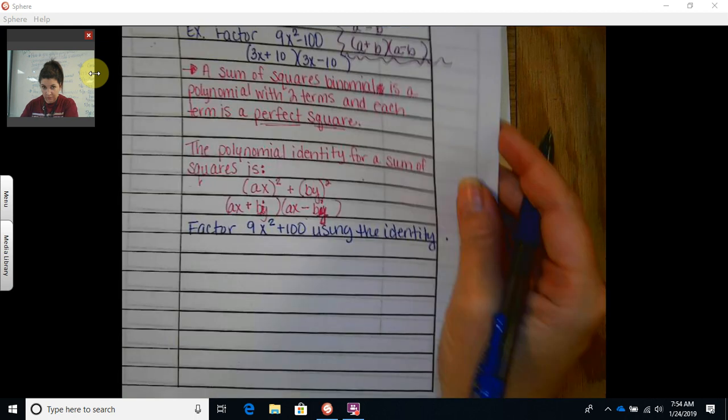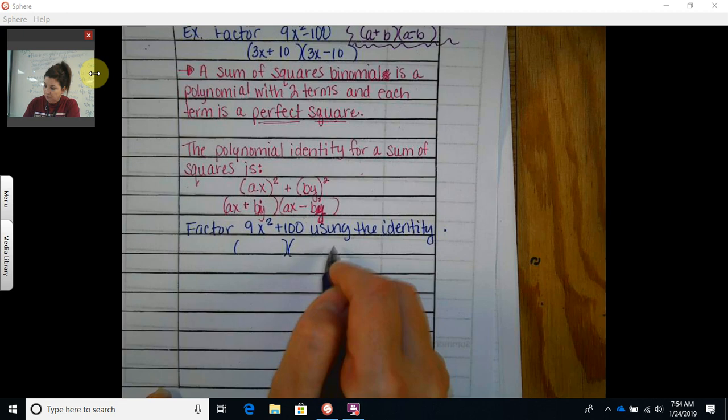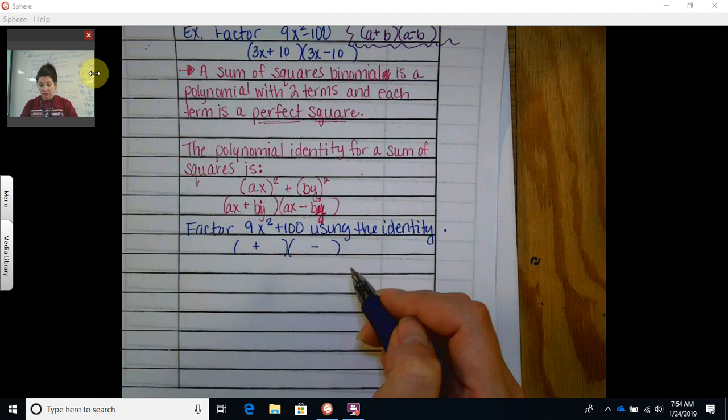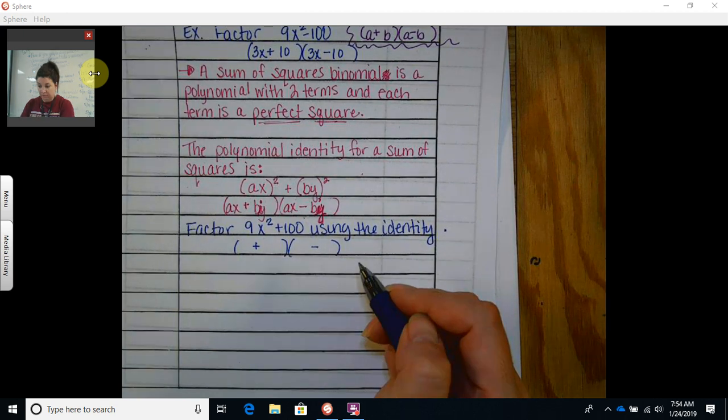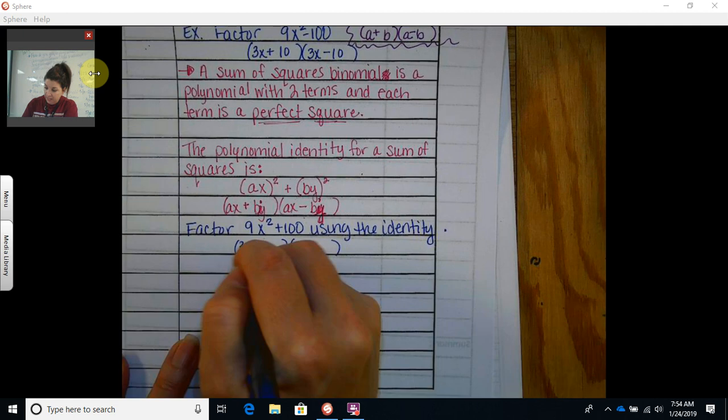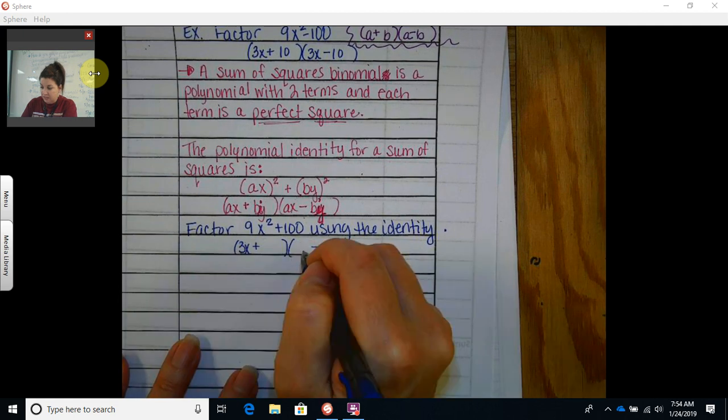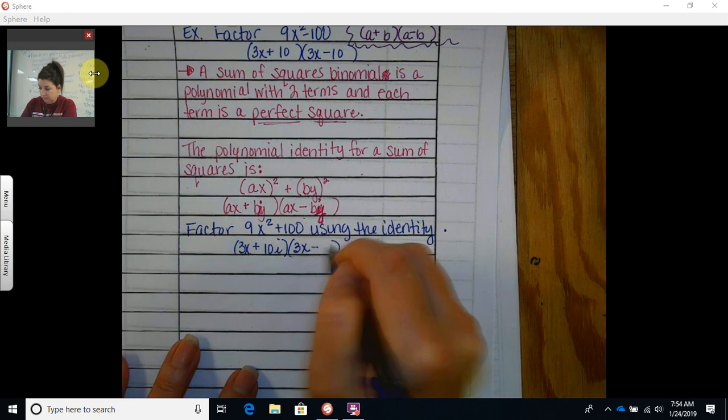So we make two sets of parentheses. One gets a plus, one gets a minus. What do you think goes in the first set of parentheses? So 3x. I meant first term in each set of parentheses. What do you think goes in the second set? 10i.